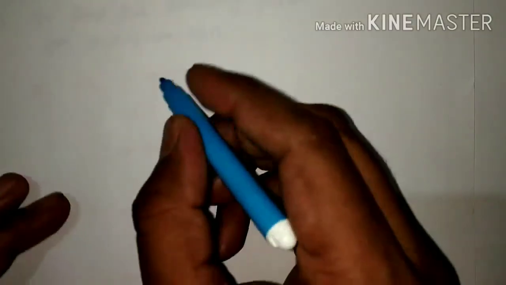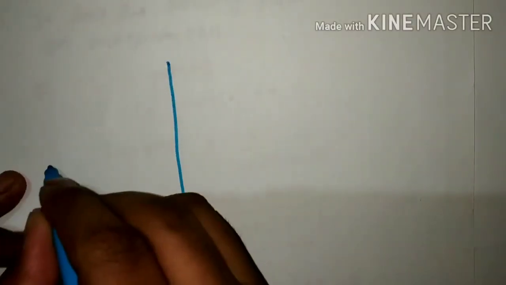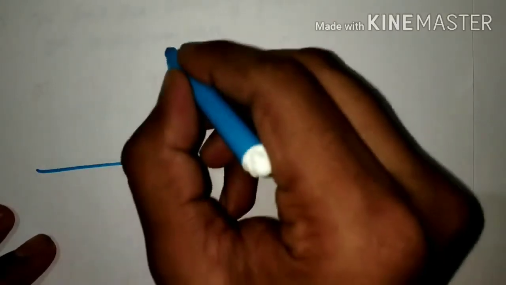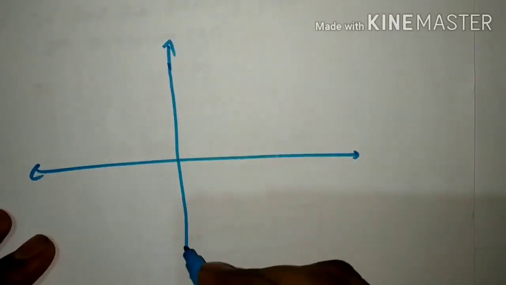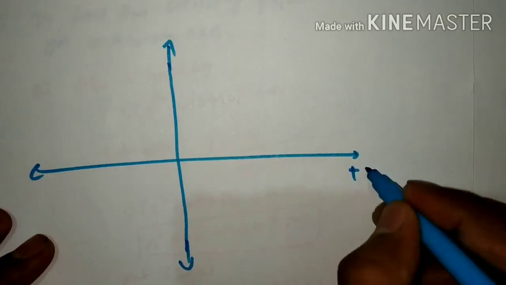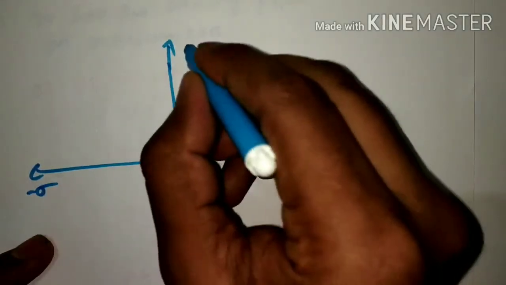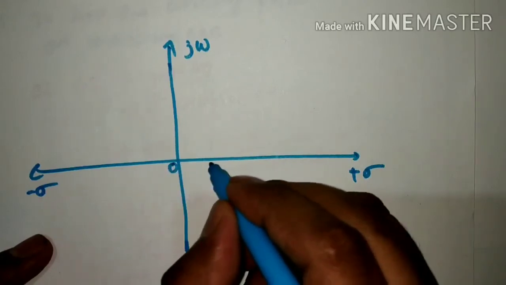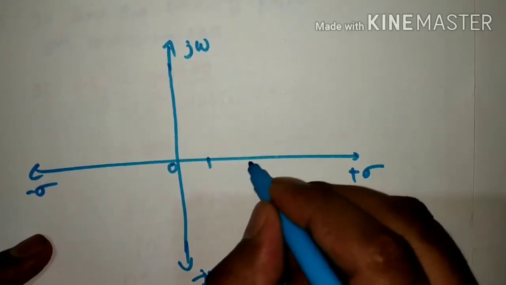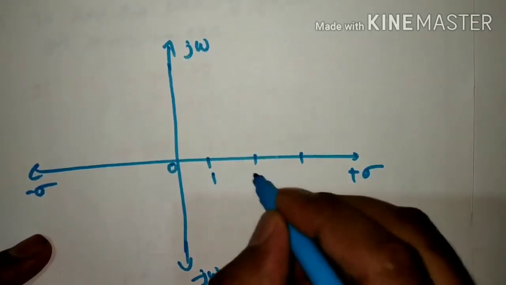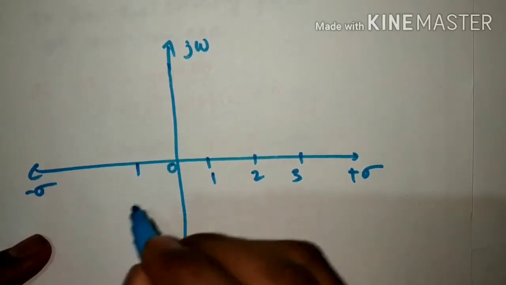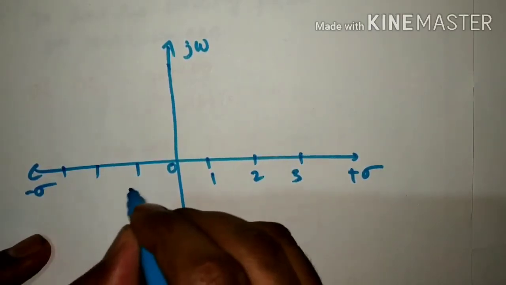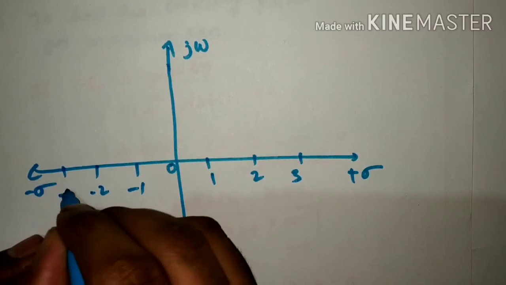Finally I am going to draw it here. So this is 0, 1, 2, 3, minus 1, minus 2, minus 3.